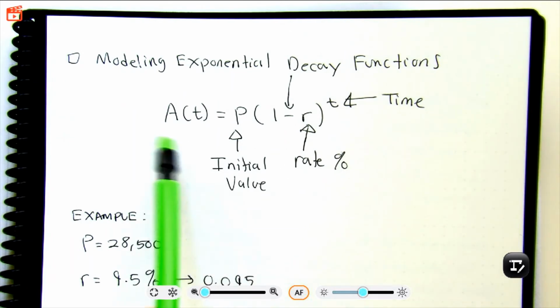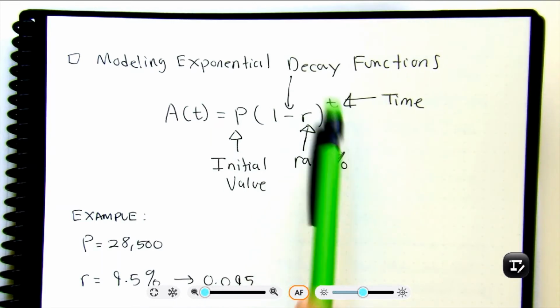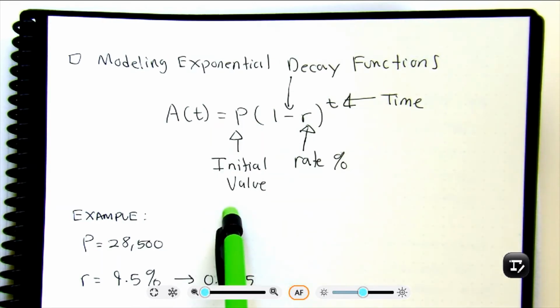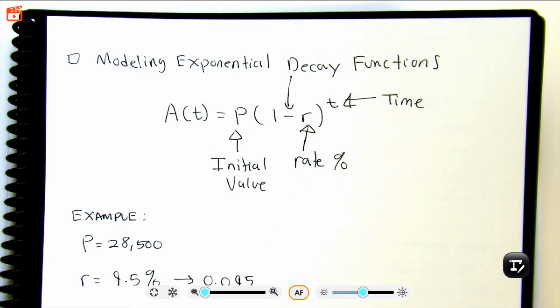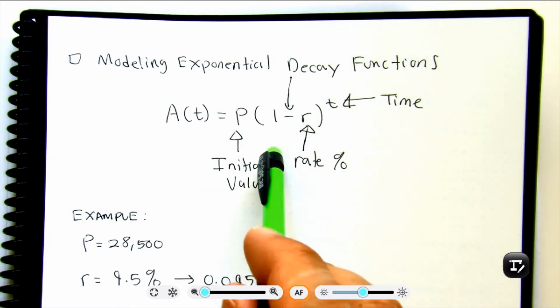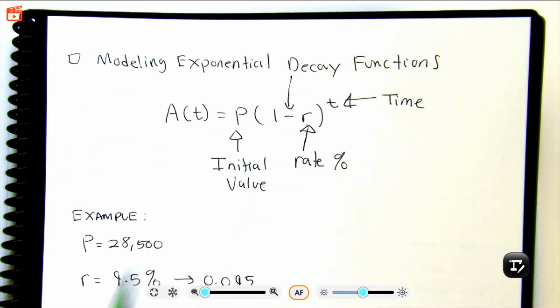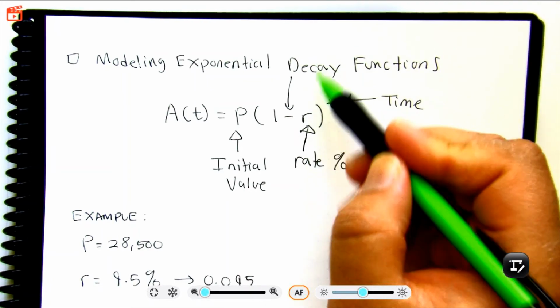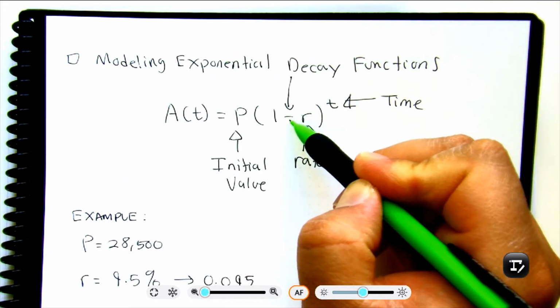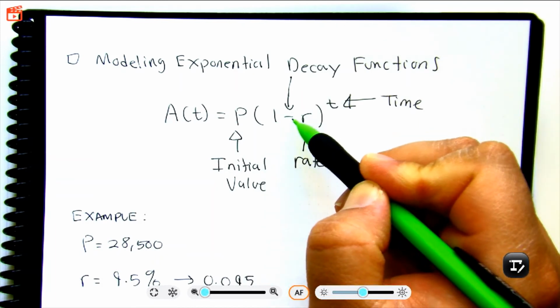A of t is equal to p times 1 minus r to the t power, where p is the initial value, r is the rate or the percent, and t stands for the time. Now what's different between this equation and the equation that was in the modeling exponential growth functions is this sign right here. For decay, we're subtracting r from 1. For growth, we were adding r.